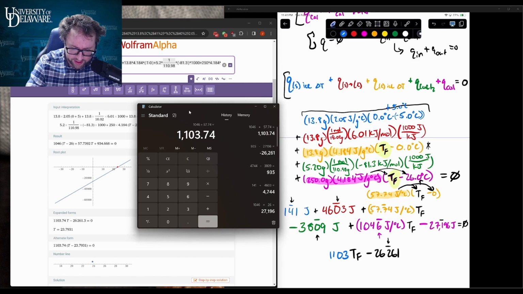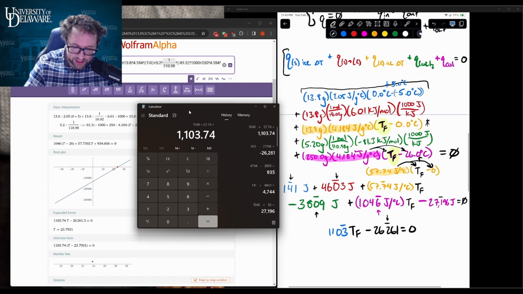So in this case, this is our sig fig. That's equal to 0. Now we just subtract from both sides. 1103 TF is equal to 261 with that 1 sig fig there. We will divide both sides by that 1103.